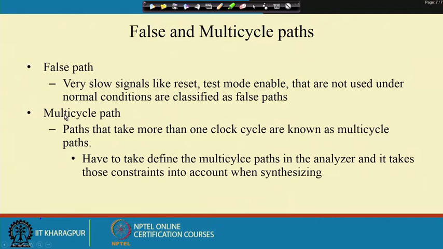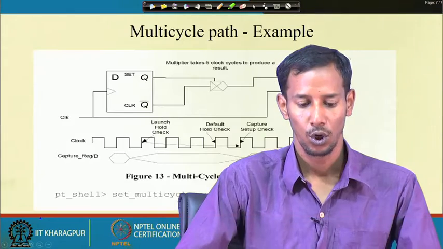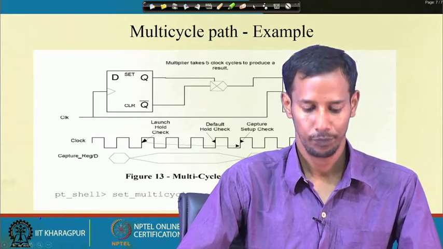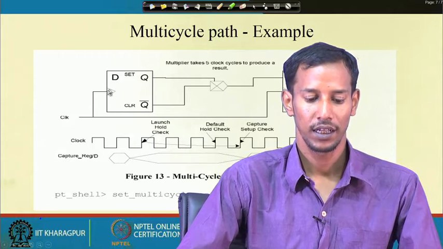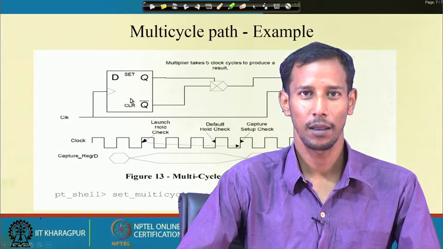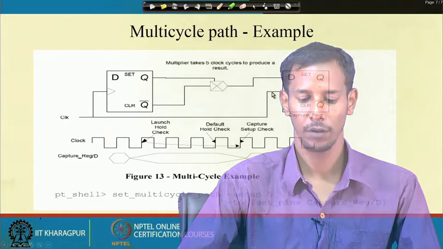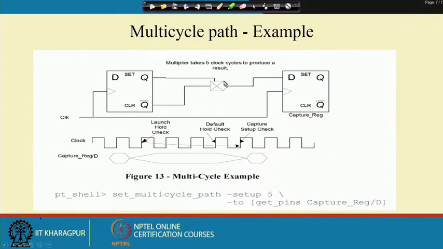And what is a multi-cycle path? Paths that take more than one clock cycle are known as multi-cycle paths, and they have to be defined in the analyzer, which takes those constraints into account when synthesizing. What is the meaning of this? Suppose I have two flip flops connected, and in between there is one multiplier.